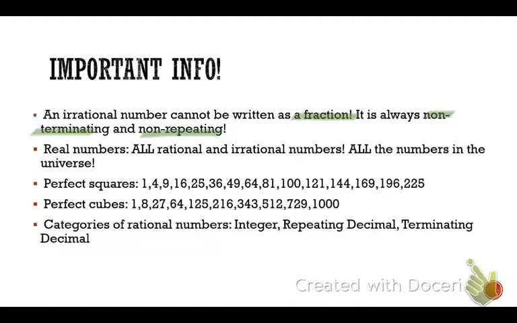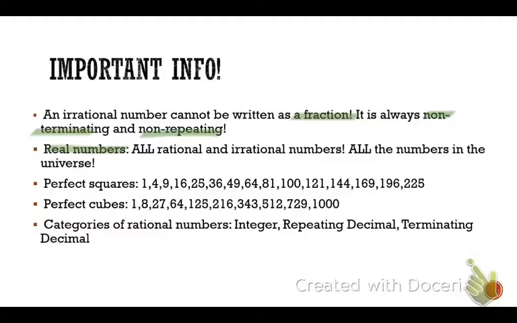But whether it's rational or irrational, they're all real numbers. There's no such thing as a fake number. Real numbers are all the numbers in the universe, whether it's rational or irrational. Y'all with me so far?